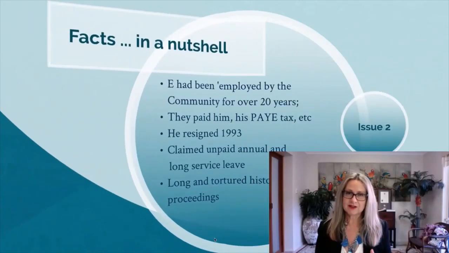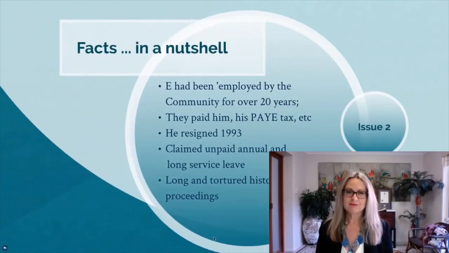So, facts of Homogenous. The Archbishop had been employed for around 20 years by the community. The community paid him. Interestingly, they also paid the ATO his PAYE tax, and on his tax-related forms, the community had designated Homogenous as the employee and themselves as the employer.